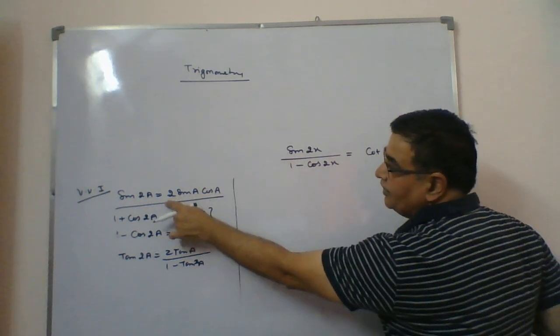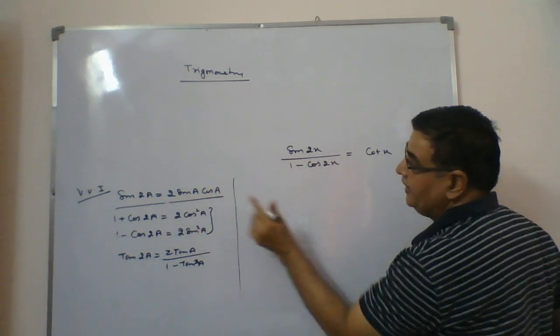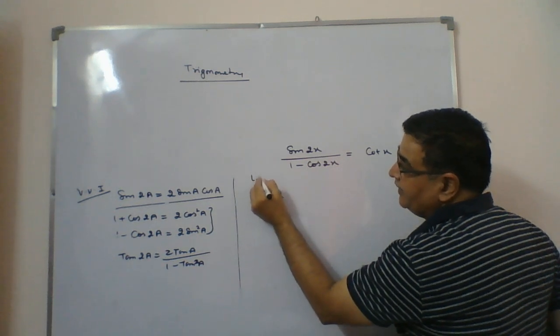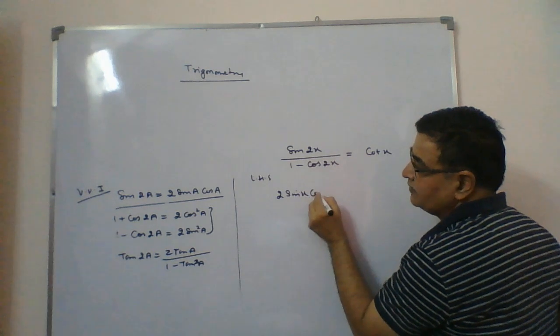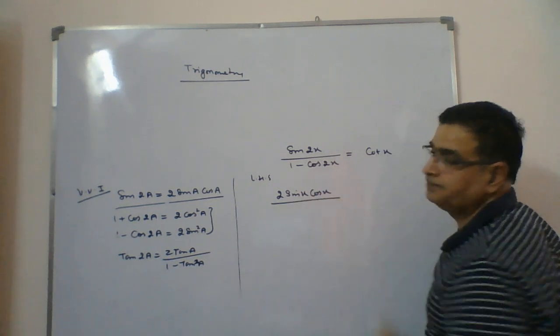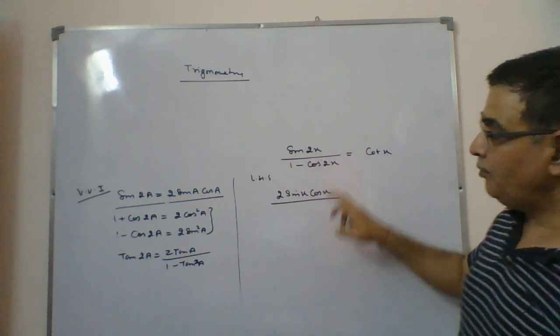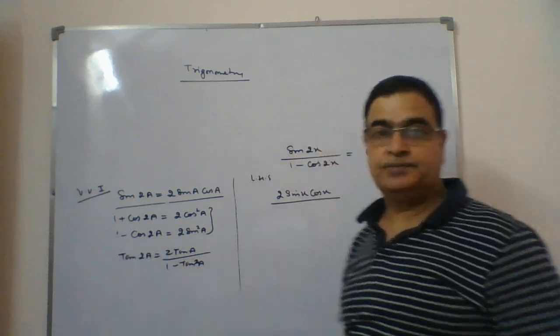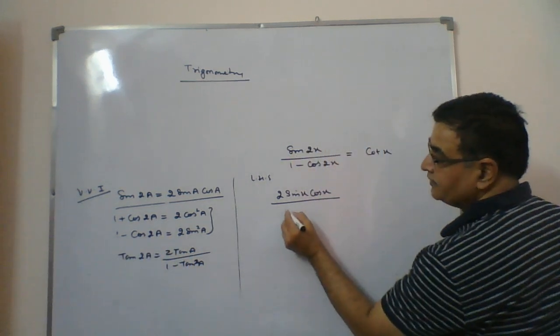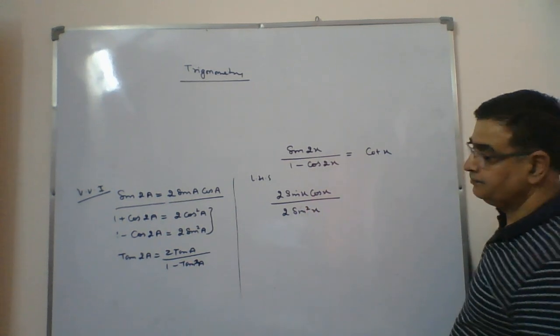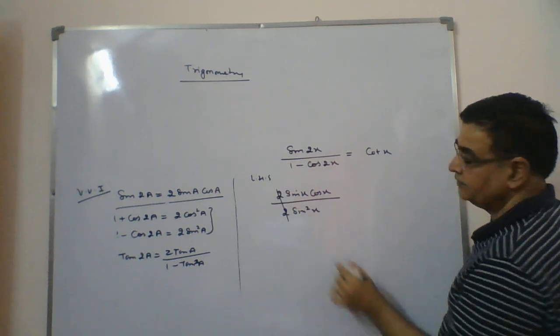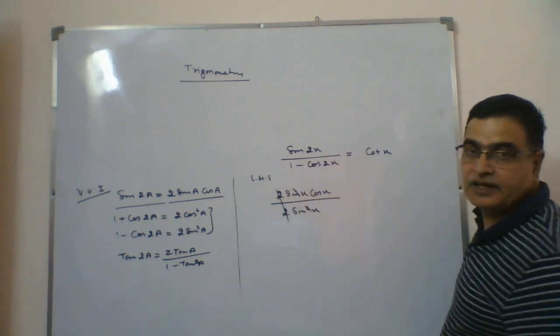Sin 2x, the formula is already there. Taking the left hand side, sin 2x will be 2 sin x cos x. 1 minus cos 2x, by the formula, is 2 sin square x. The 2 gets cancelled out, and one sin also gets cancelled out.